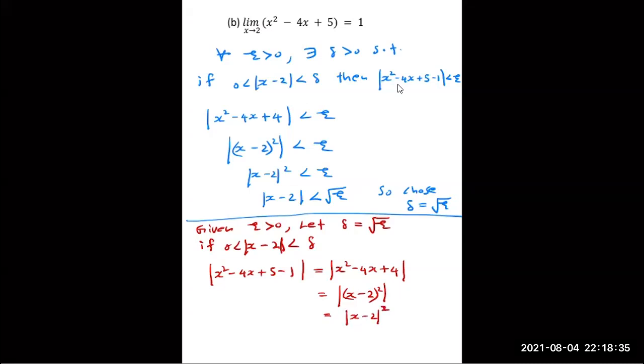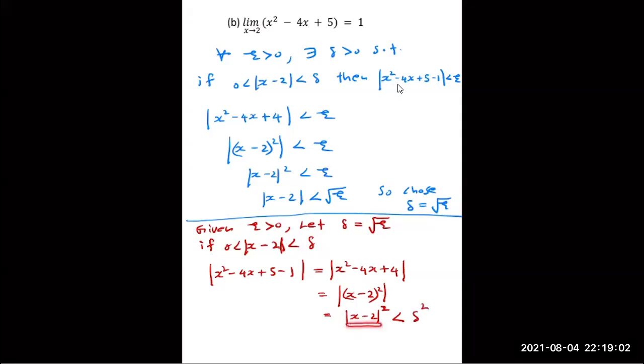But I know that my delta is square root of epsilon, and I know that the absolute value of x minus 2 is smaller than delta. So I can replace this by a bigger thing. To get a bigger quantity, first let me put delta here: delta squared.